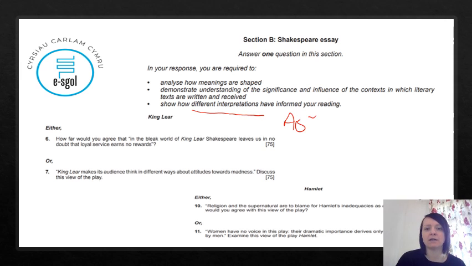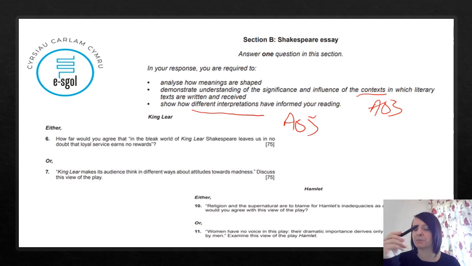The paper doesn't tell you AO5, but it uses the same phrasing. So different interpretations, you need to be addressing that. And then the context, it uses the word, so AO3. Make sure that you don't forget those aspects, because a number of responses come through with very little AO5 and not enough AO3.